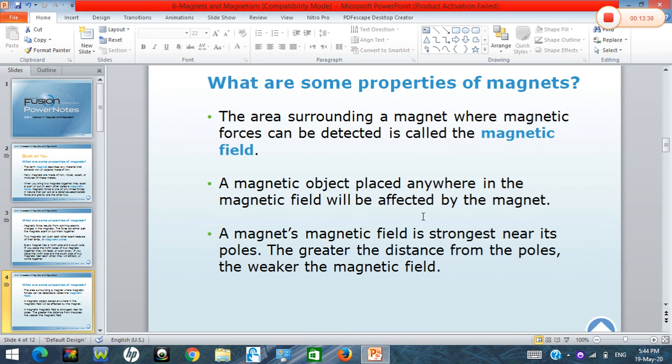Maybe you ask yourself, Mister, why are the poles of the magnet north and south? Why not, for example, east and west? To answer this question, you can search on Google to see this experiment.